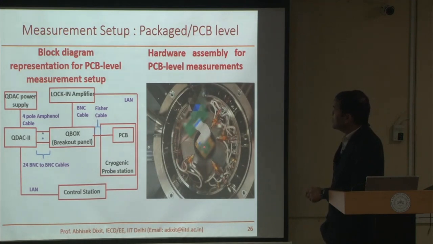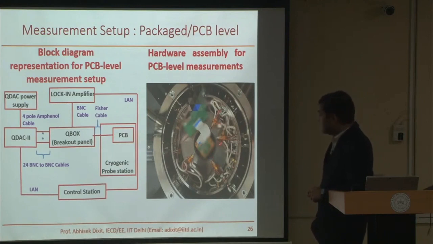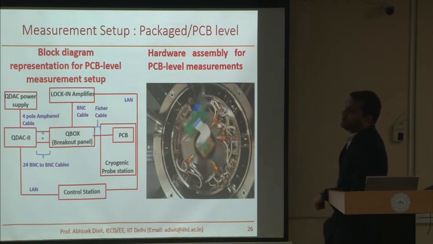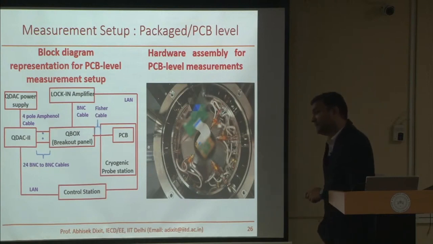Some part I have not shown here, because there is some NDA, so we could not show it. But there's basically a PCB here, which is what we call the sample PCB. It has a chip mounted, which has devices like qubits and single electron transistors and so on. This has 48 connections to the chip.